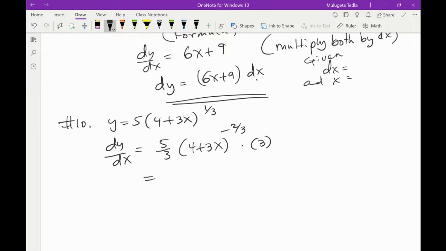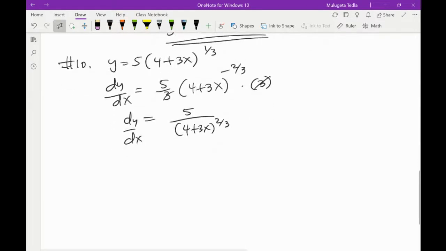So this is the derivative, where the 3's cancel, and then 5 over (4 plus 3x) to the 2/3 is what dy by dx is, but they didn't want the derivative, they want dy as a segment. That will be 5 dx over (4 plus 3x) to the 2/3. You just multiply by dx.